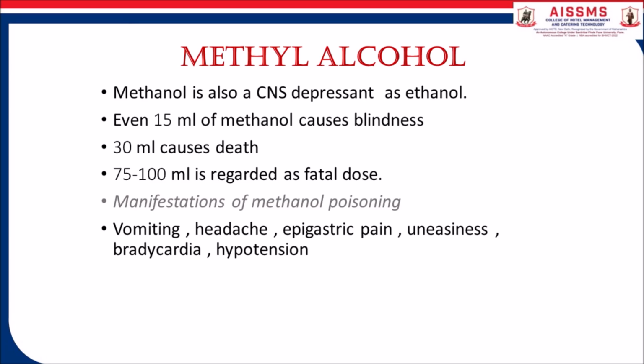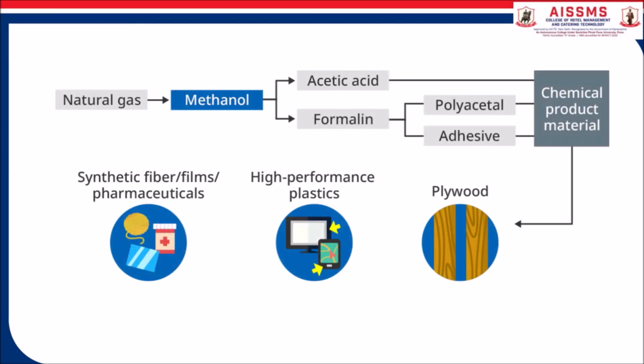Vomiting, headache, epigastric pain and uneasiness are some of the symptoms if you have consumed it in more than the required quantity. So in this particular figure, you can see that natural gas or methanol is further bifurcated into acetic acid and formalin.